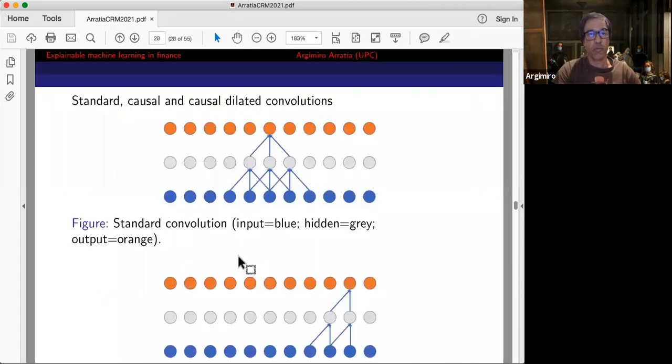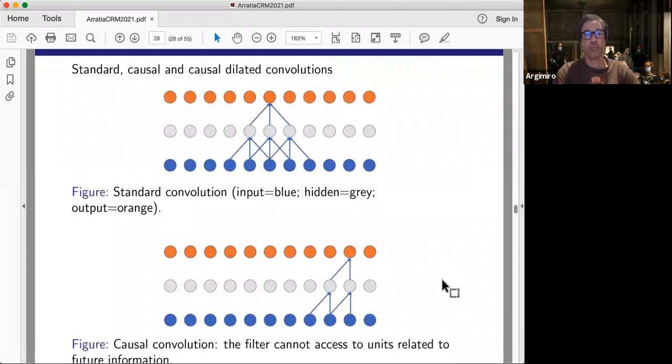Okay, so maybe a picture is worth 1,000 words. So this will be my standard convolution, right? This is what it looks like. As you see, the blue line is the input, and you can see that you're actually looking at the future in order to get past values, right?